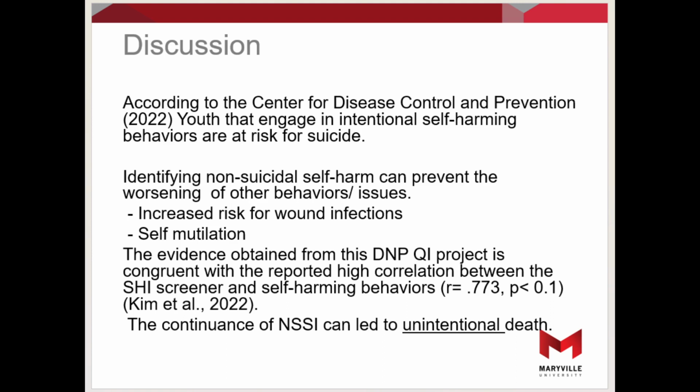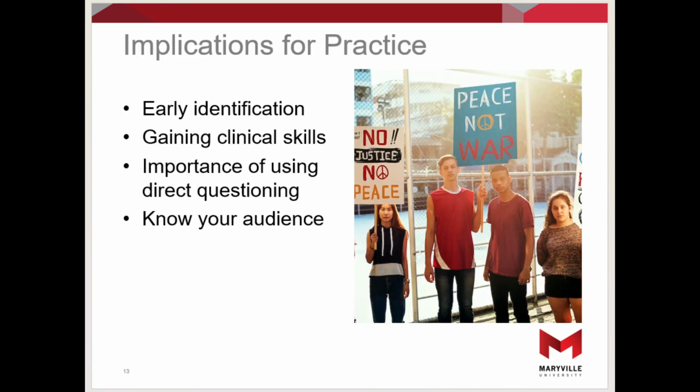The takeaway here is continuance of non-suicidal self-injury can lead to unintentional death. So early detection of maladaptive behavior and prompt treatment can promote the discontinuation of these harmful behaviors.